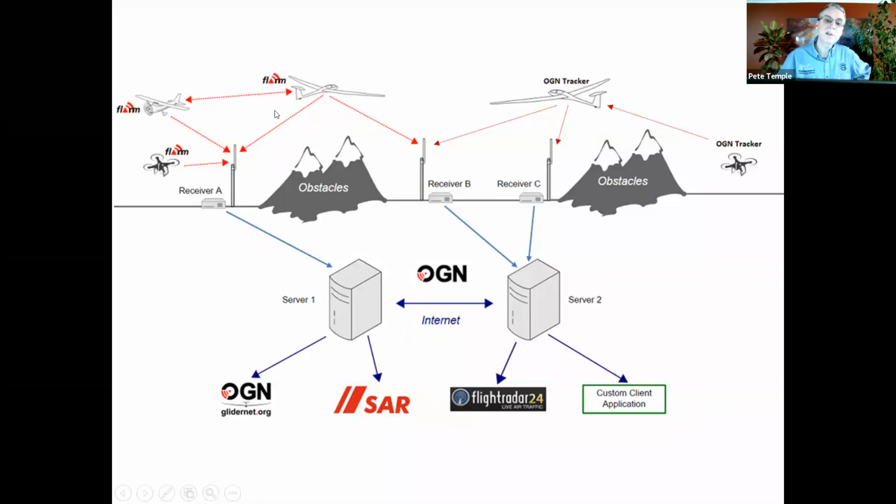So this ground receiver receives the location being transmitted by these FLARM-equipped aircraft, puts that into a ground-based network called the Open Glider Network, and then that can be made available to other aircraft that are airborne through the OGN protocol, even if they're not FLARM-equipped. And also, shown down the bottom here is any number of apps, and these are growing all the time, that can display the location, including height, of each of those aircraft.